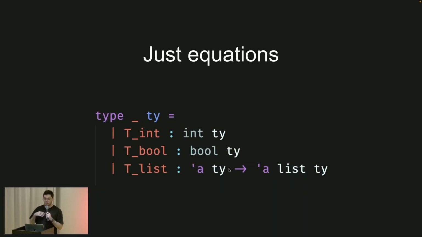So what are people actually using GADTs for? Now we kind of understand there are existentials and there are equalities. We're mostly using them for small equations, for saying some small properties. So in this case, it's a very classical example. Either this parameter is int or bool, or a list of int or bool, or a list of a list.